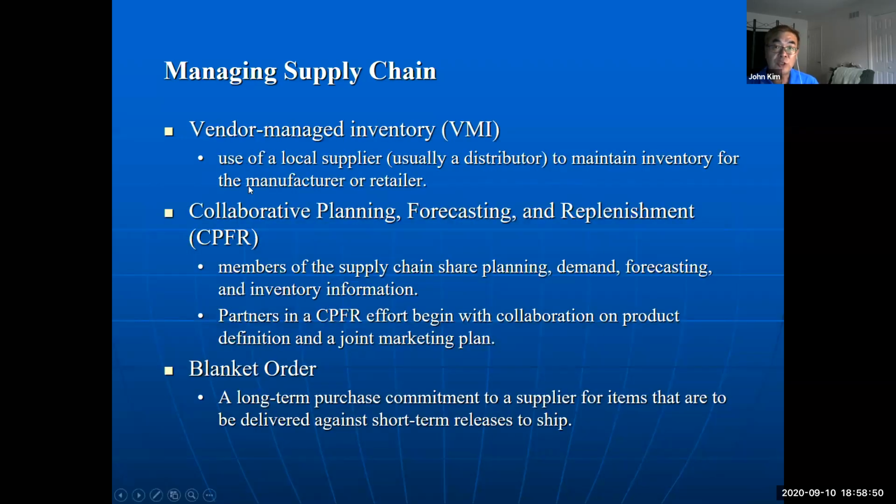And then vendor managed inventory. Use of a local supplier to maintain inventory for the manufacturer or retailer.